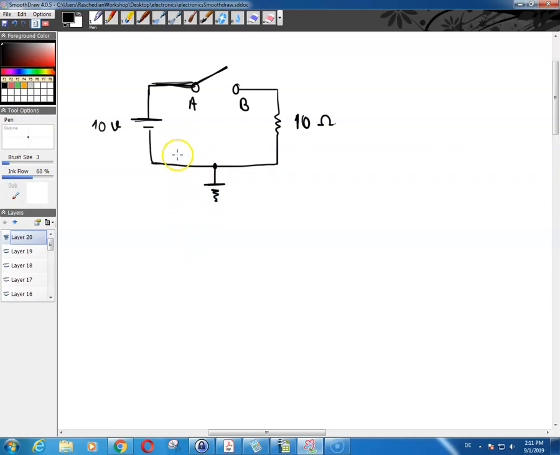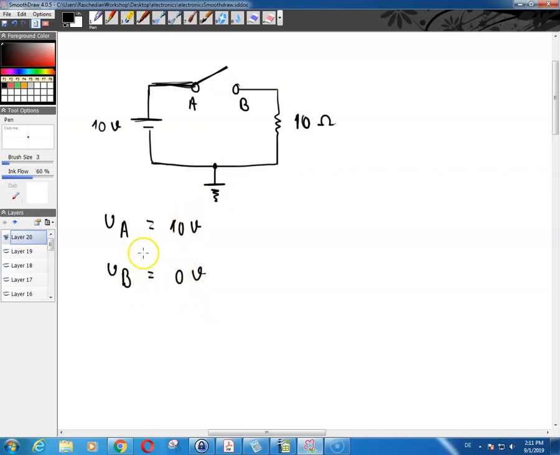So the voltage at point A with respect to ground, V of A, is going to be equal to, of course, 10 volts. The voltage at point B with respect to ground is going to be 0 volts.